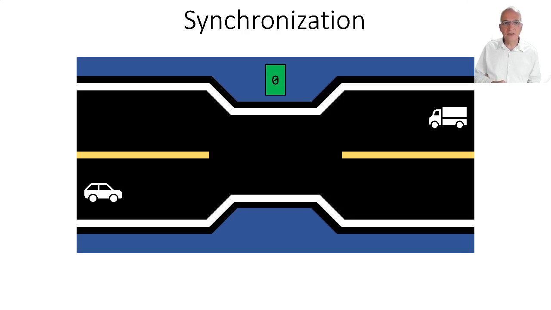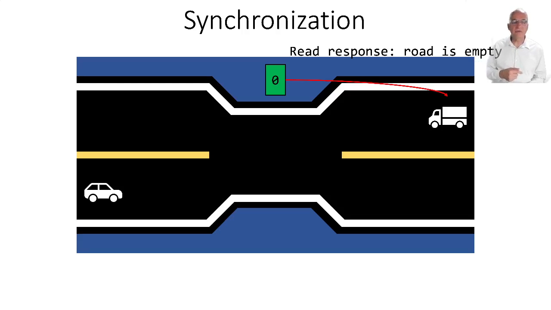When Larissa arrives with her truck, before going to the narrow part of the road, she will check whether the semaphore indicates that the passage is free. She gets a response from reading the semaphore saying that the road is empty.